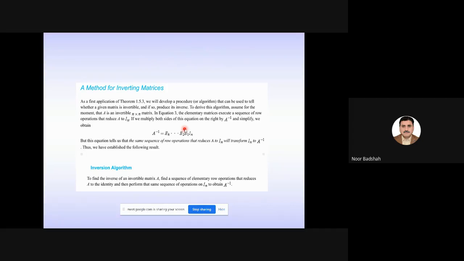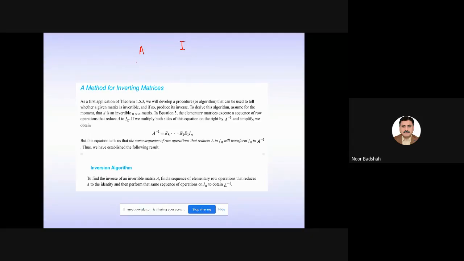So we have one matrix A, and the other augmented matrix is the identity matrix.